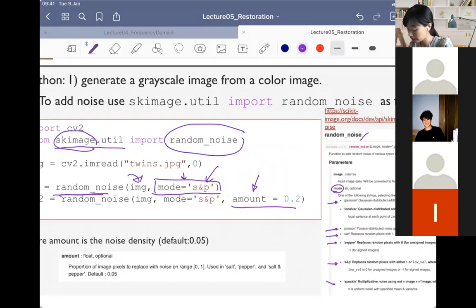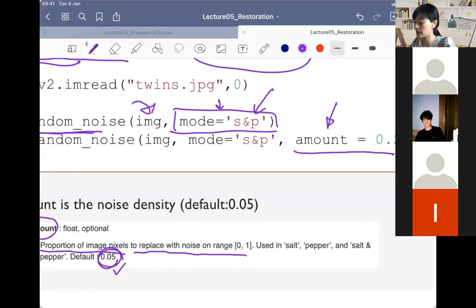The amount is the proportion of image pixels to be replaced by the noise value, from 0 to 1. I think the default is about 5% of the image. If you want to change the density of the noise, you can change it at the amount parameter.